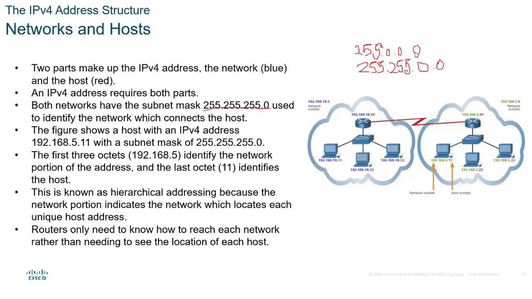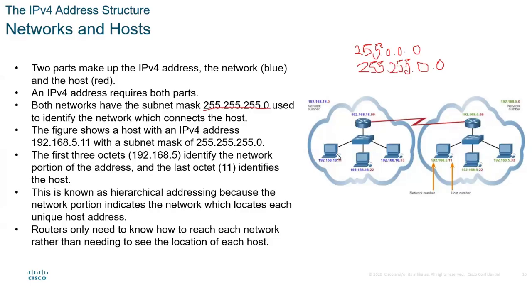This part must be different. Now for this one that has 255.255, the first 2 octets must be the same in their IP addresses, and the last 2 must be unique. But for this third one, the first 3 octets must be the same, and the last one must be unique.